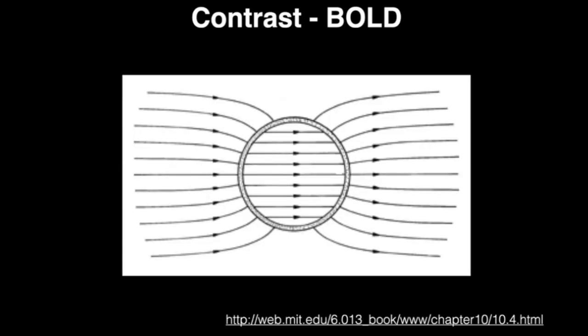So when Dr. Bannatyne talked about where BOLD contrast came from before, if you're looking at, say, motor cortex of the brain, and you're not actively engaged in a task, you have some deoxyhemoglobin in that region. And that deoxyhemoglobin is more paramagnetic, so it will tend to increase the field locally. So that's why inside the blood vessel here, which is what this circle represents, a cross-section of the blood vessel going through the tissue, the field lines are closer together.